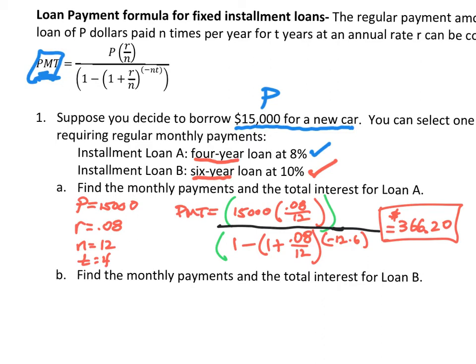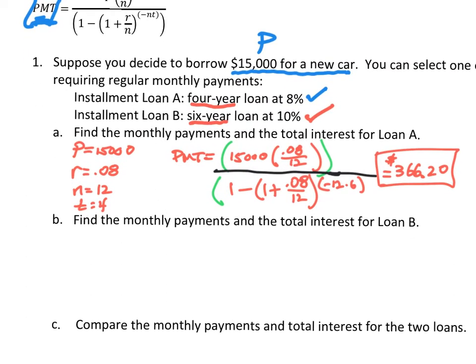So let's find the monthly payment for the 6-year loan. Once again, P for the 6-year loan is still $15,000. R is now 10%. That's a really high interest rate. N is 12 still, but T changes to 6.